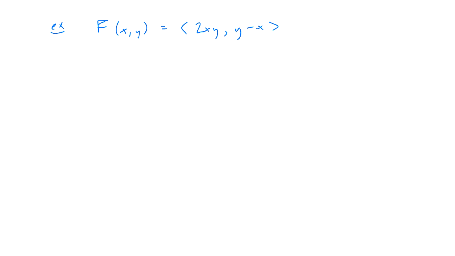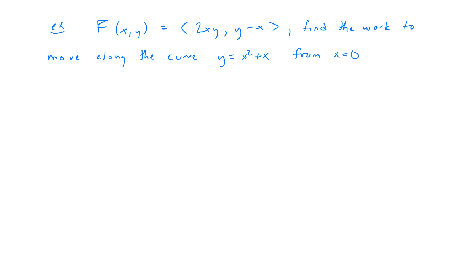So given this, find the work to move along the curve from 0 to 2, or in particular, let's say from the point 0, 0 to the point 2, 6 along that curve.